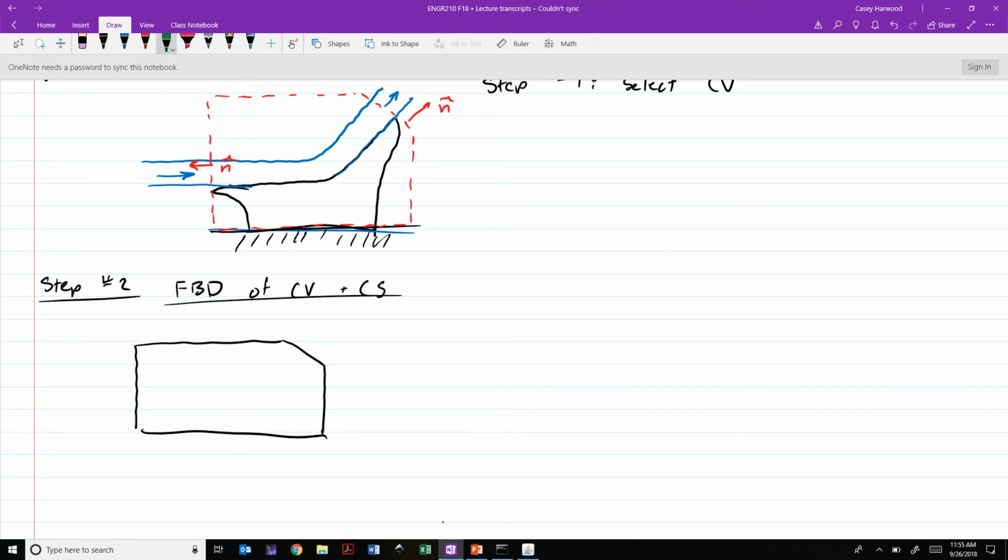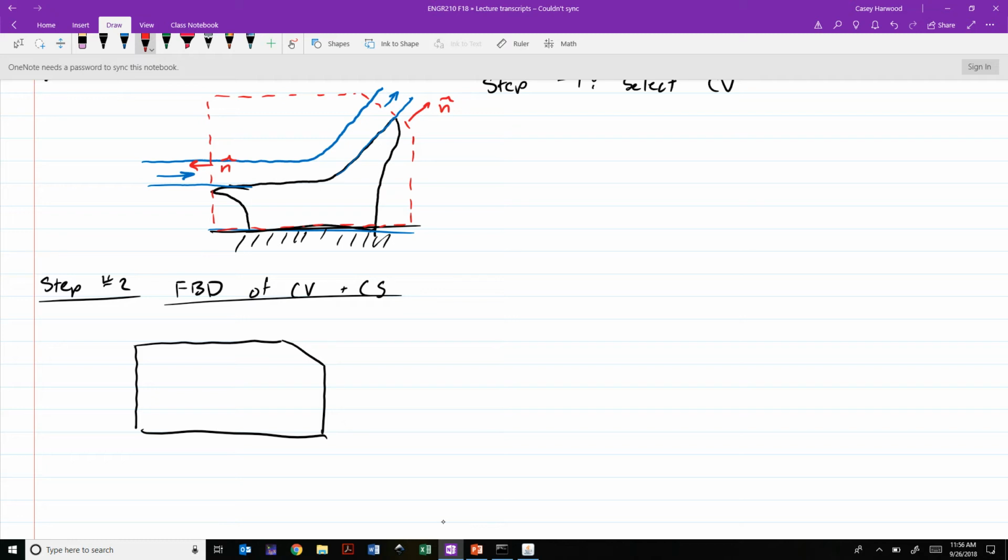What forces are acting on this thing? Well, we've been told in the problem statement to neglect gravity, so we're not going to worry about weight. We've been told to neglect viscosity, so we're not going to worry about any friction forces.